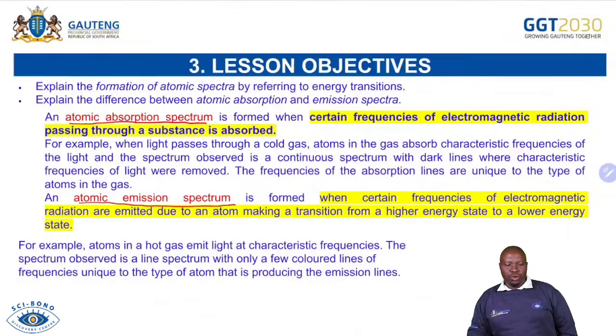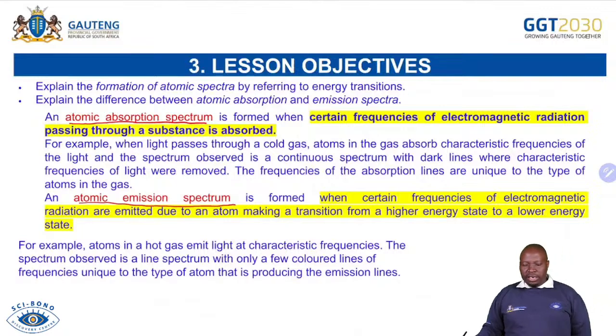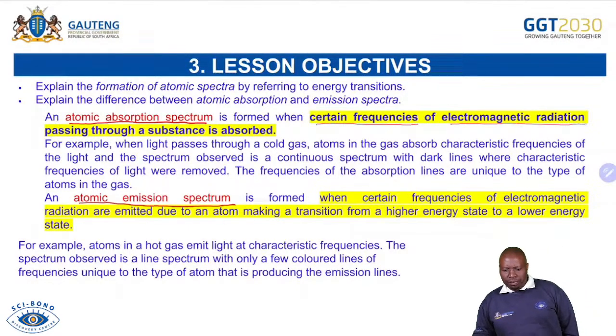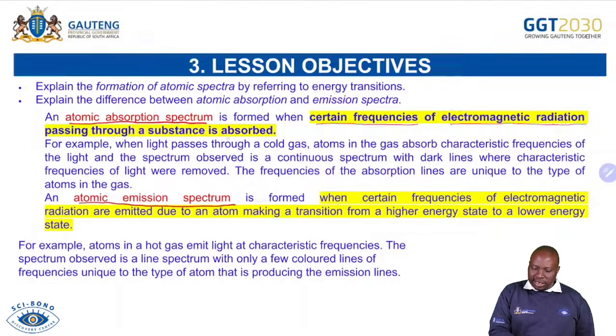What happens during this atomic absorption spectrum? The atomic absorption spectrum is formed when certain frequencies of electromagnetic radiation passing through a substance are absorbed.